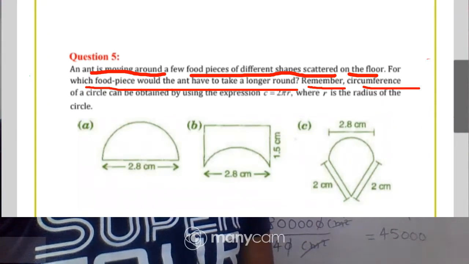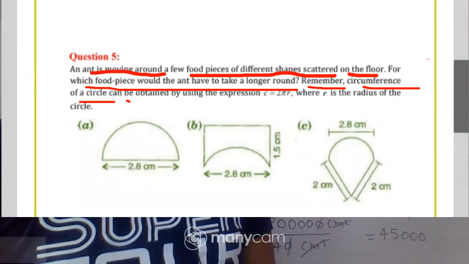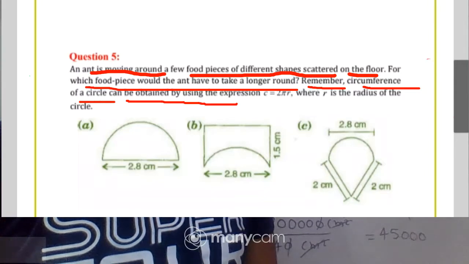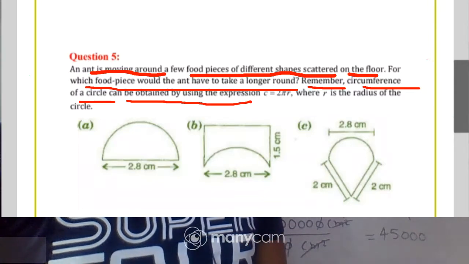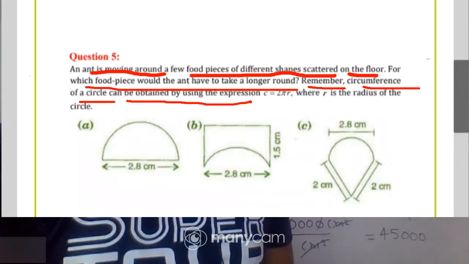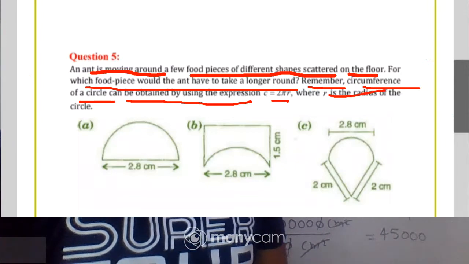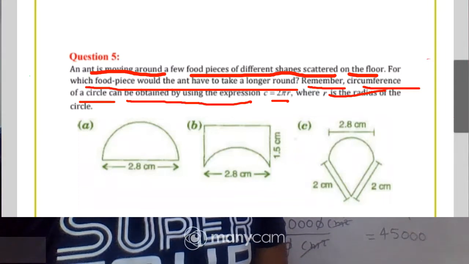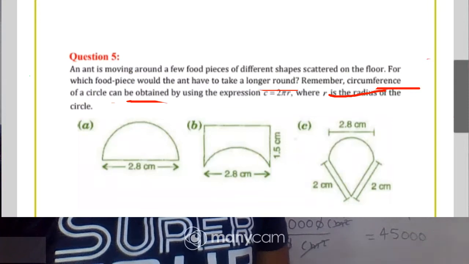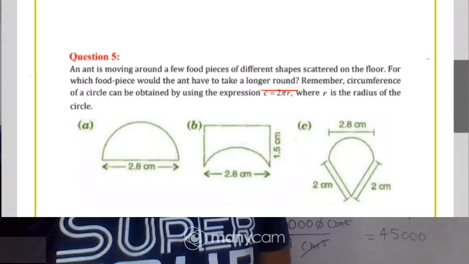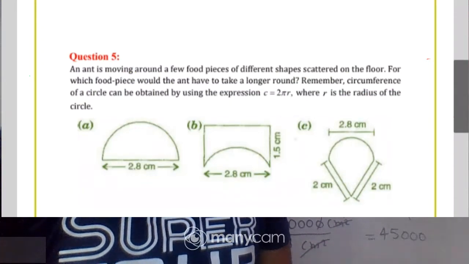Which foot piece would the ant have to take a longer round? Remember, the circumference of a circle can be obtained by using the expression c is equal to 2 pi r, where r is the radius. Okay, so let's see how to solve such a question.